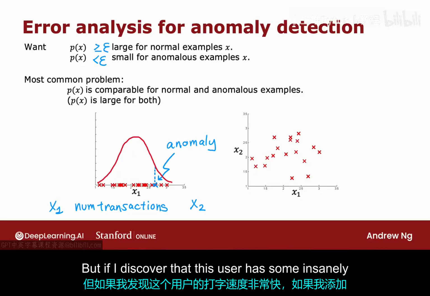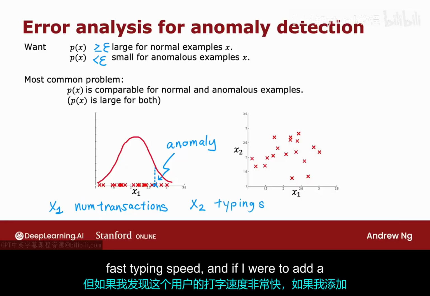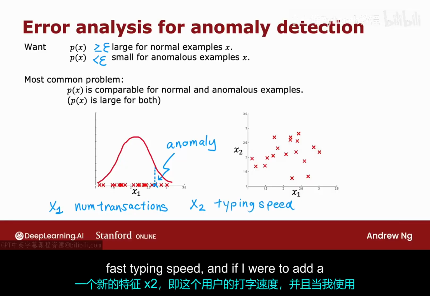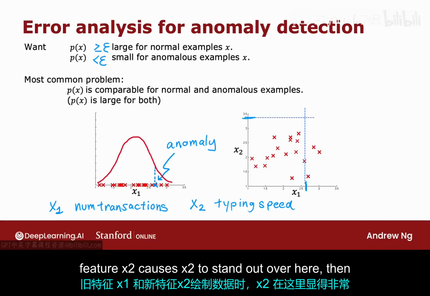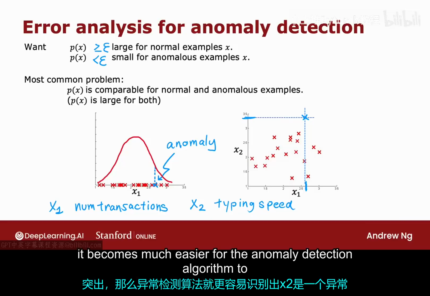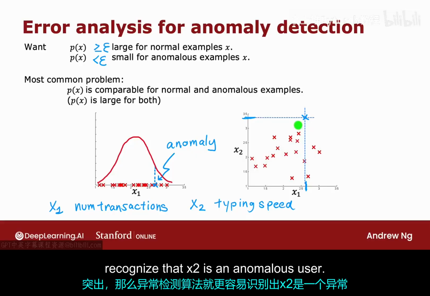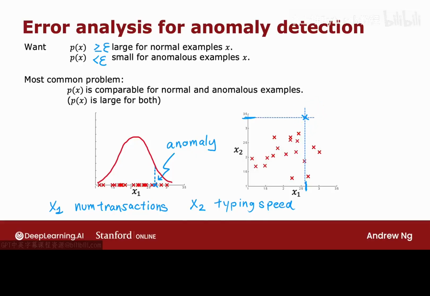But if I discover that this user has some insanely fast typing speed, and I add a new feature X2, the typing speed of this user, and it turns out that when I plot this data using the old feature X1 and this new feature X2, this user stands out over here, then it becomes much easier for the anomaly detection algorithm to recognize that this is an anomalous user.